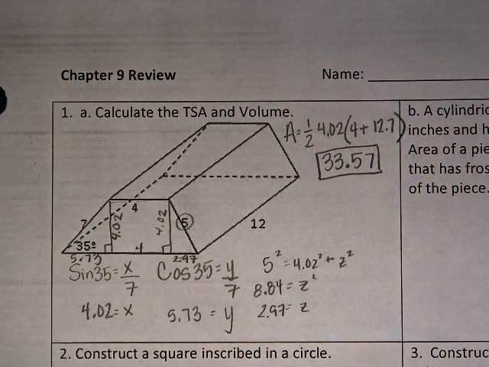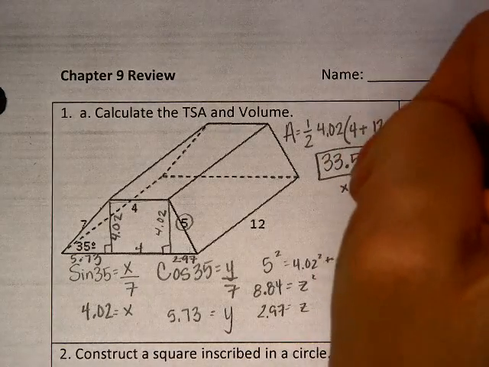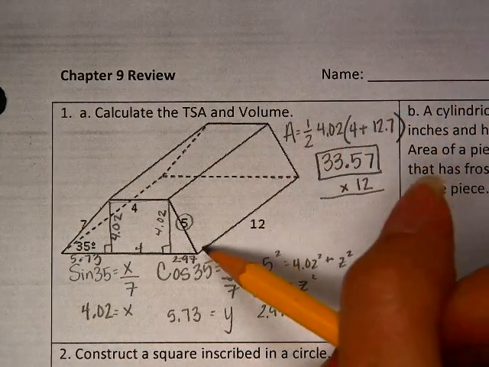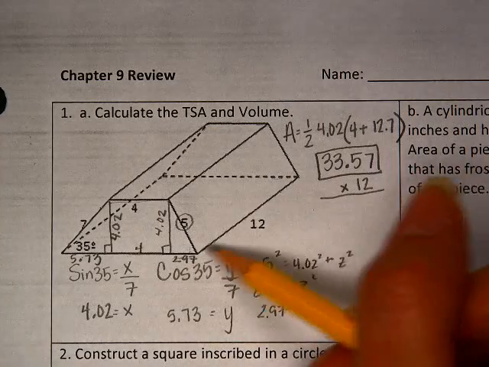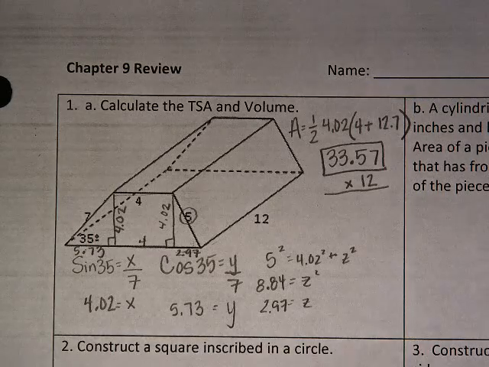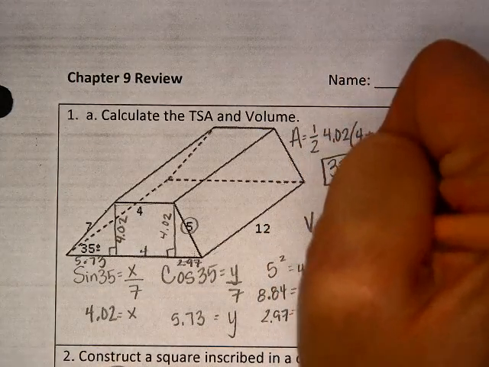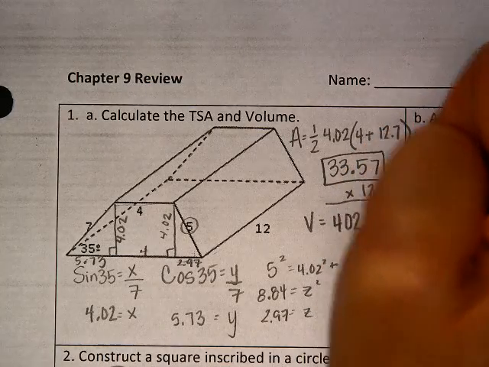So that is the area of one of my trapezoids. And for the volume, I simply need to multiply by the height. The height, I know it's weird because it's on the bottom, but the height is the distance in between the two bases. So I multiply by height, so my volume is 402.80.